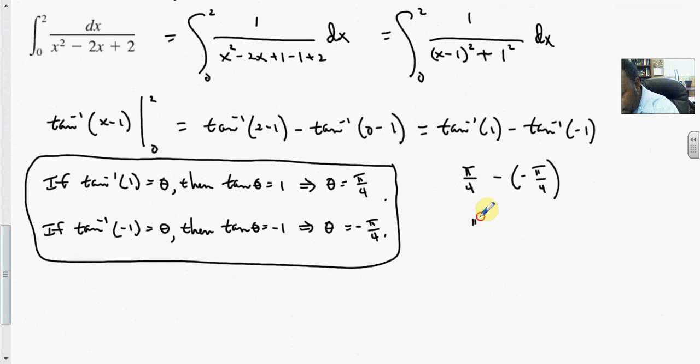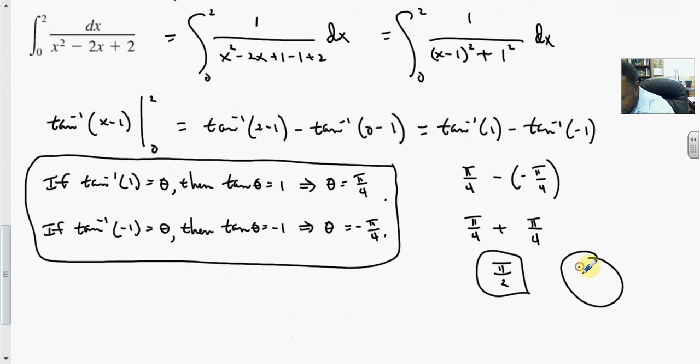And so we get pi over 4 plus pi over 4, and that gives us pi over 2. Anyway, it's pi over 2.